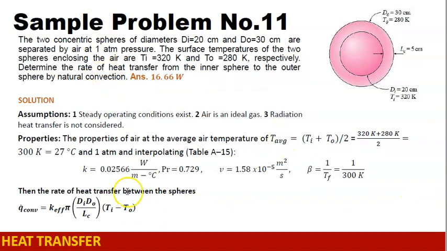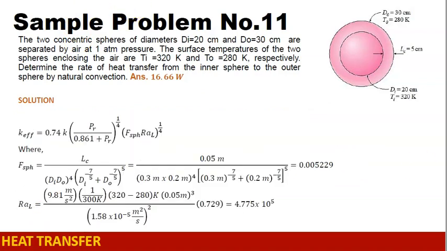We already have the values of Di and Do as well as the temperatures, so we will calculate k effective and Lc. For k effective, using this equation, we need to solve for the unknowns. Pr is already given, so we will solve for F sphere as well as the Rayleigh number.